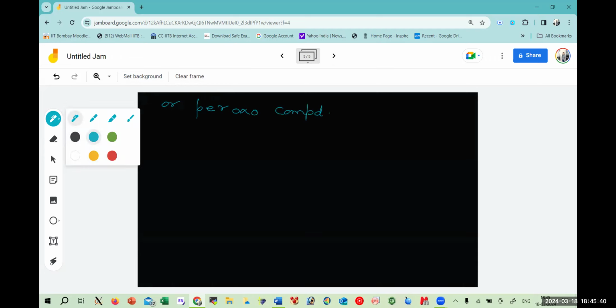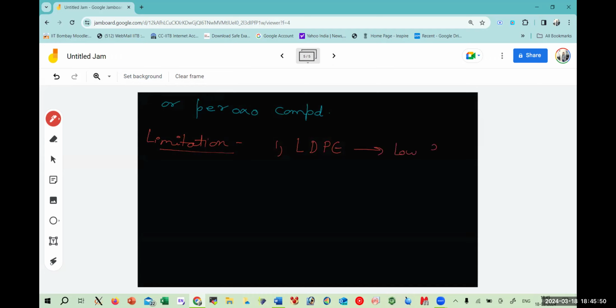But the limitations of this are, firstly, we are producing LDPE, which has low density and poor crystallinity, and it would have long side chain branching.